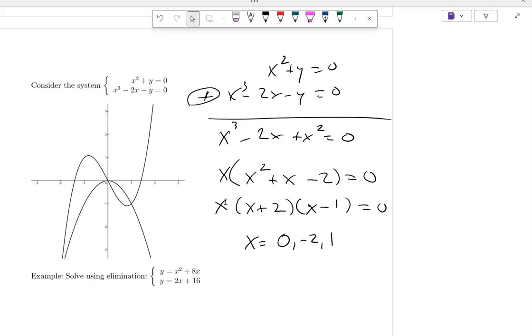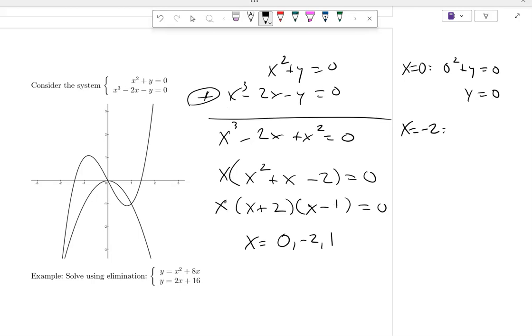What do we do with those now? Find the y's to go along with them. Which equation might you want to plug that into? The top one or the bottom one, do you think? I'd probably do the top one, yeah. So if I have x equals 0, I get 0 squared plus y equals 0. It just tells me y is equal to 0, right?